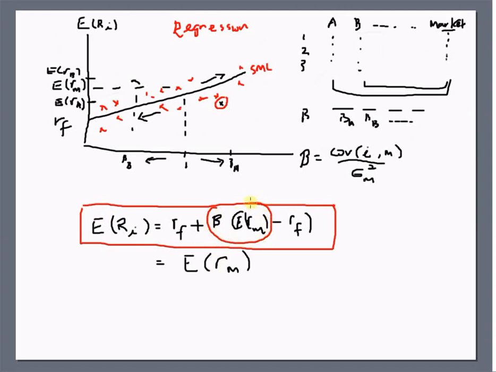The risk-free has no risk, so the risk comes from here. And of course, this equation is talking about this line, but the actual risk that A poses is not on this line itself. There's also this distance which is not captured in this line.